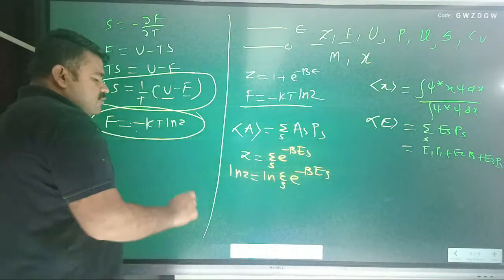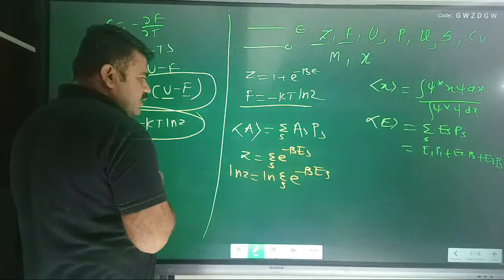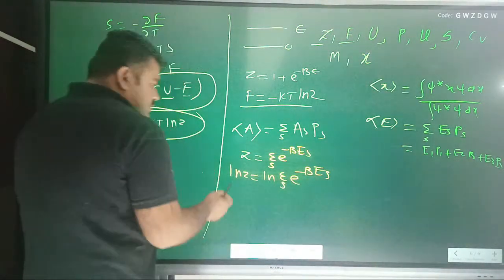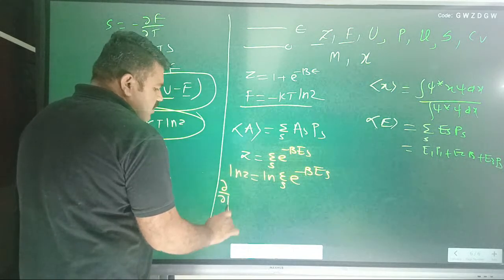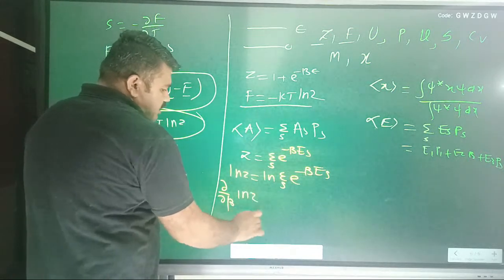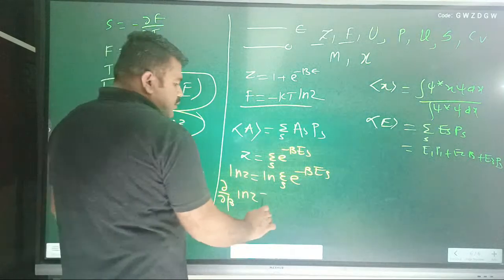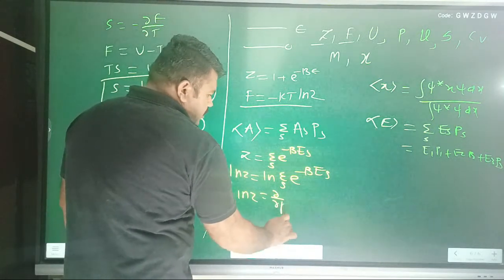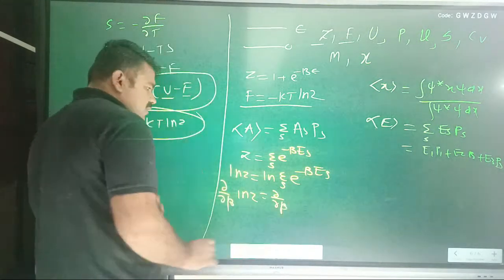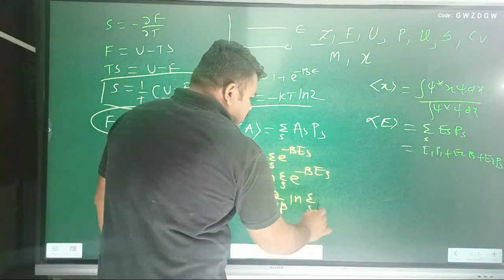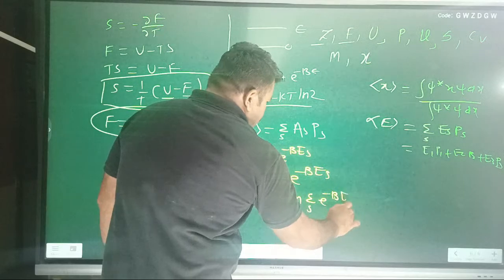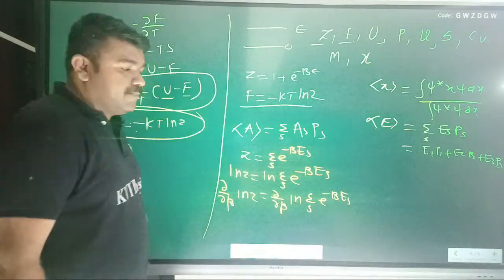Now suppose we take the derivative on both sides. Which quantity is variable? Suppose we take the derivative with respect to beta. Then this becomes dou upon dou beta of ln Z is equal to dou upon dou beta of ln summation of e to the power minus beta E_s.